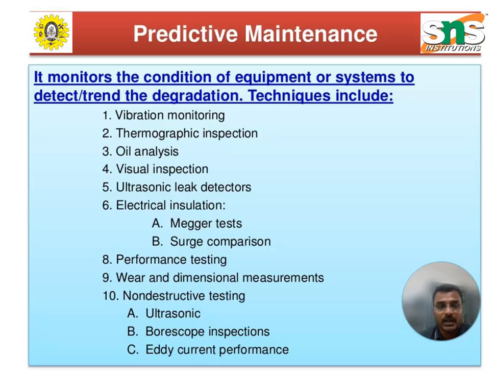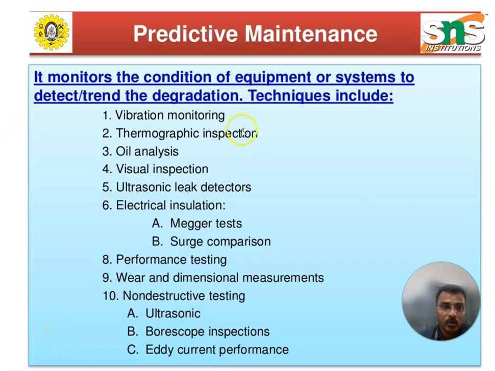It is to monitor the condition of the equipment regularly to avoid degradation, damage, or destruction of any of the machines. So it is one of the important maintenance systems followed in industries.